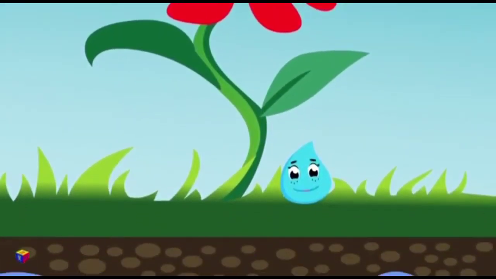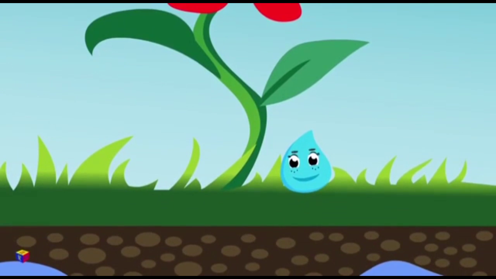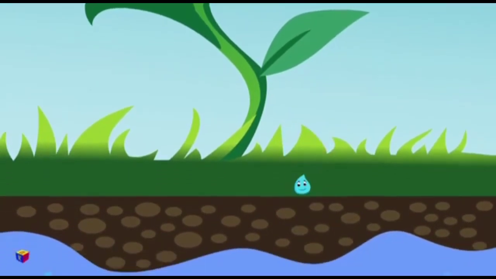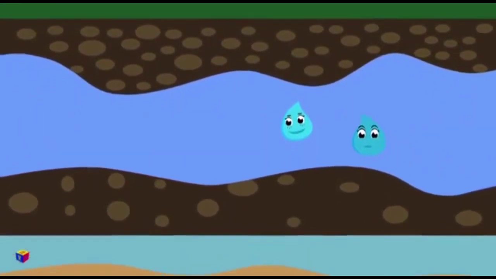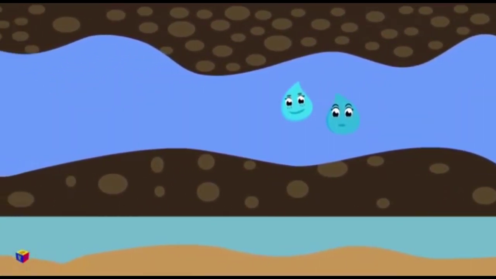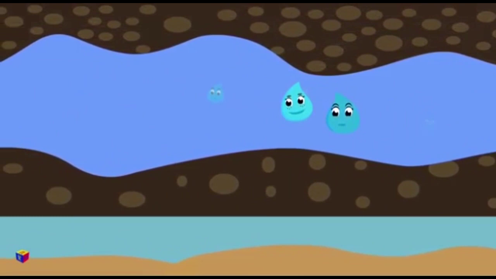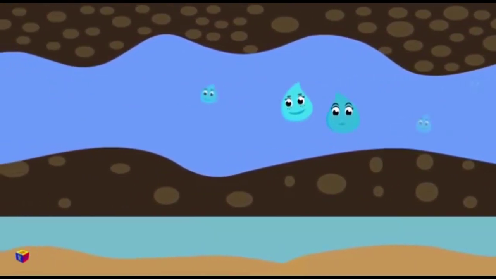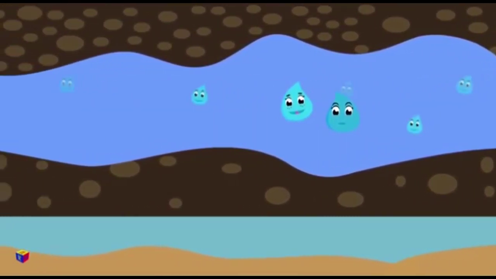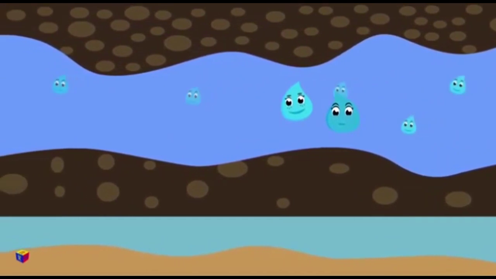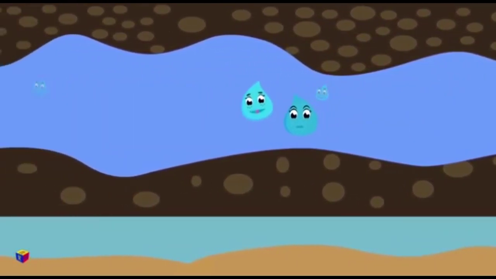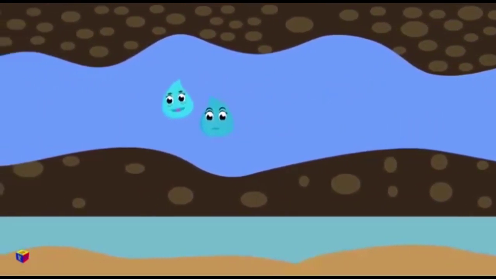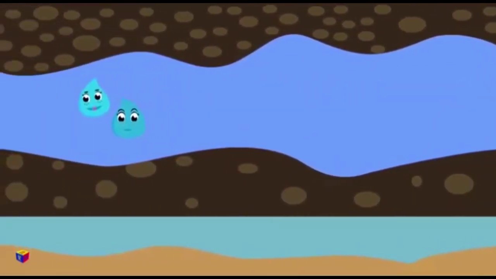Well, I guess I didn't fall apart. But where am I now? You're in the groundwater flow. Run along with us if you want to see the sun again. Where are you running to? To the spring. There we can get to the surface of the Earth. Sure, let's run faster. I want to get back to the surface.